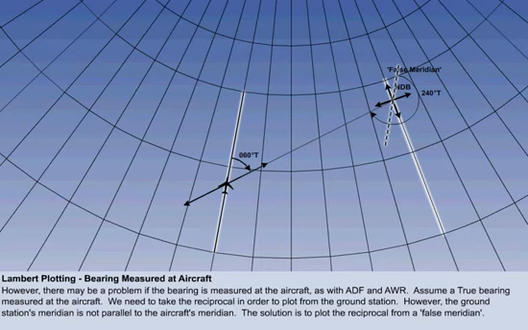But in practice, it is much simpler to draw a parallel construction line, which we will call the false meridian, and plot the simple reciprocal from that. This is the method that is actually used in practice if the chart convergence is large enough to make the correction worth applying. Normally, we would not apply it to convergences of 1 degree or less.